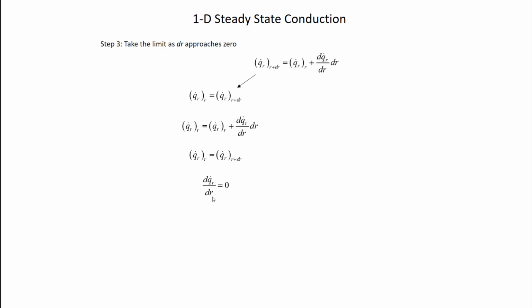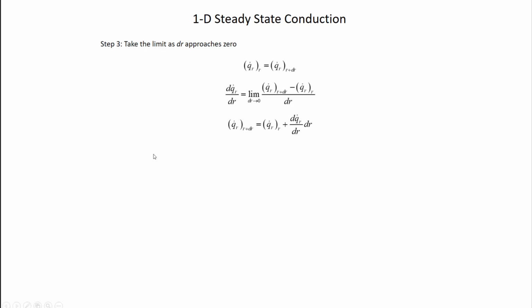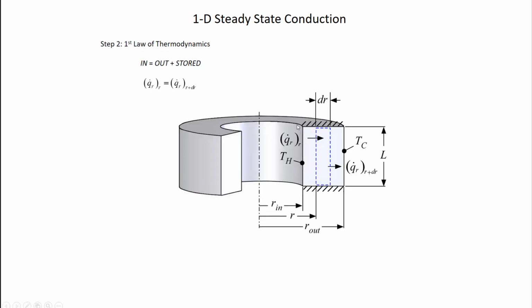And this is a really good time to stop and step back and make sure it makes some kind of sense. So what is this saying physically? This differential equation is saying that the rate of change of conduction in the radial direction with respect to r is equal to 0. It's saying in words that the rate of conduction in the radial direction doesn't change as I move in the radial direction. It must be constant, right? And if I go back and look at what we're doing here, that makes a lot of sense, right?